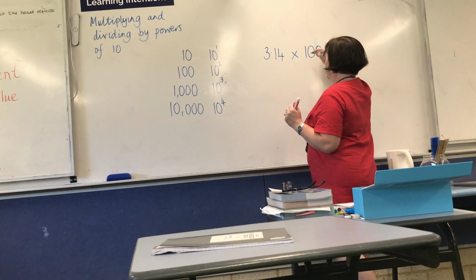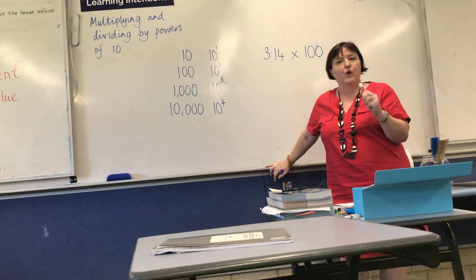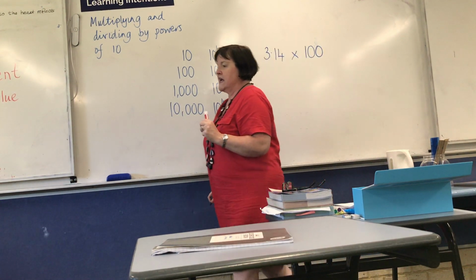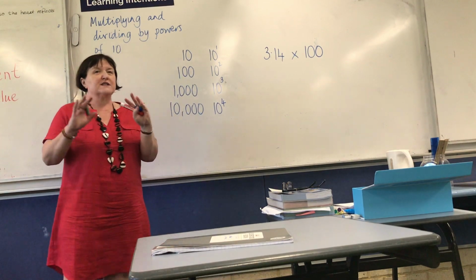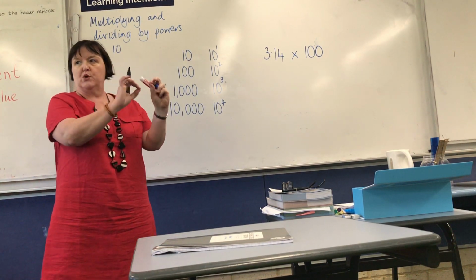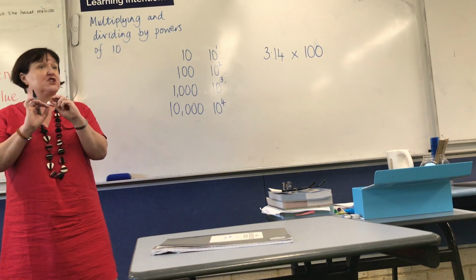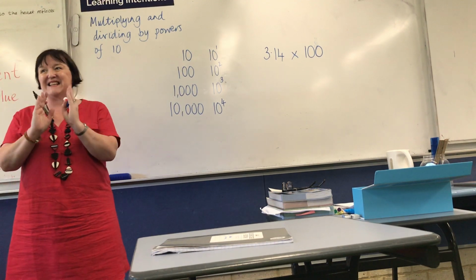So 3.14 times 100. Now, one of the things to remember is that to make it easy, we say that the decimal point moves, okay? But actually, mathematically, the decimal point does not move. It stays in exactly the same spot.